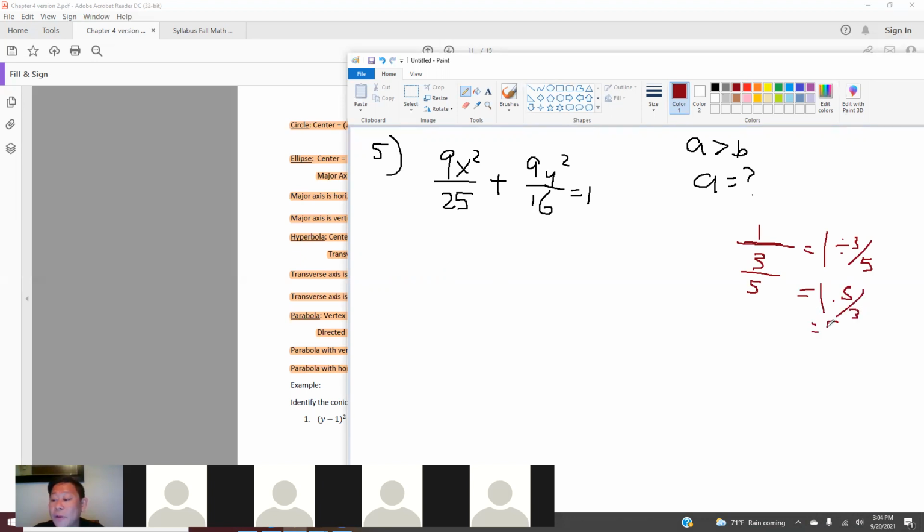So this is 5/3. If you look carefully, this 5 on the top can be moved down to the bottom if you make it a fraction. We can use the same thing: this 9 that you see on top here, we can move it down. We can make this 1.